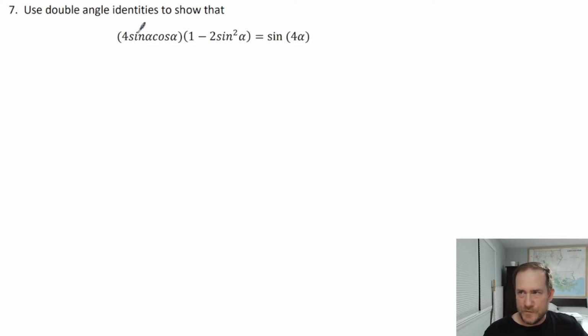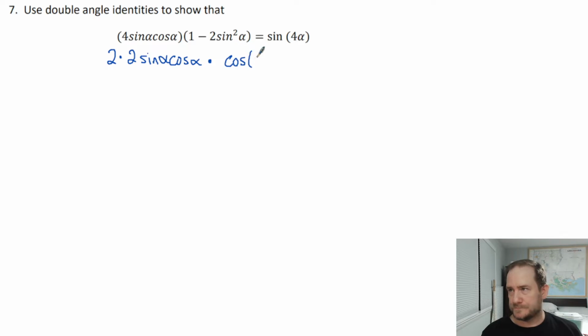If I see 4 sine alpha cosine alpha, I'm breaking that down. That's 2 times 2 sine alpha cosine alpha, because that's going to allow me to use my double angle, turn this into sine of 2 alpha. I'm trying to get to sine of 4 alpha. Let's see how we do that. This other guy, 1 minus 2 sine squared alpha, I hope you can tell that's just straight up cosine of 2 alpha.